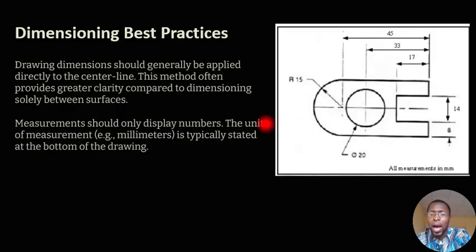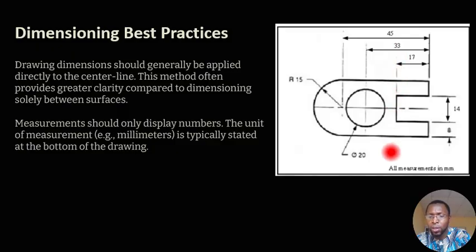All right, and then when writing measurement in oblique drawing, only numbers should be displayed. The unit should not be there. You can see this 45 is not having a unit. None of these numbers here have a unit, and they are actually dimensions. It is not indicated whether it is 45 millimeters or 45 meters or so on. But the rule is that only the number should be written.